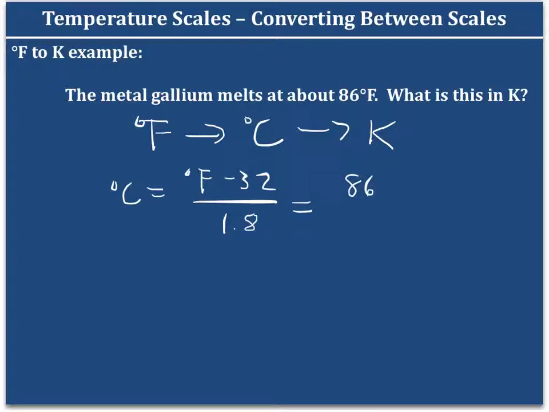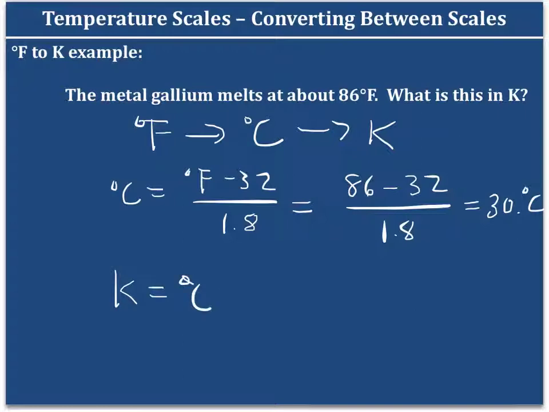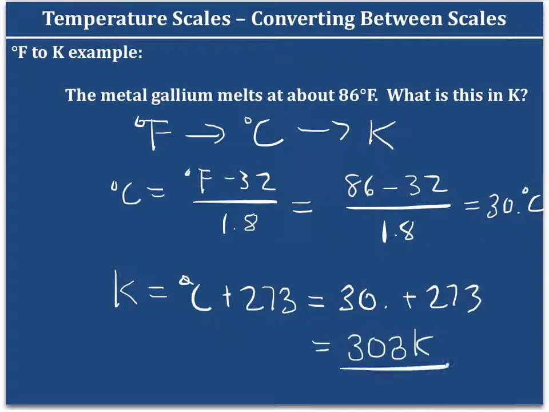So we do 86 minus 32 over 1.8 equals 30 degrees Celsius. And then we want to get into kelvins. So we know that kelvins is Celsius plus 273. So it's 30 plus 273. So 303 kelvins.